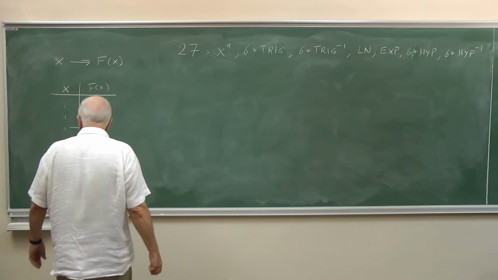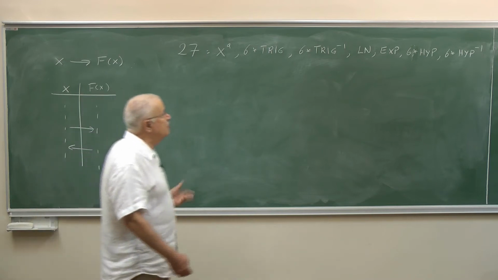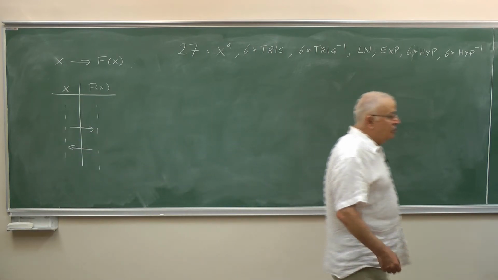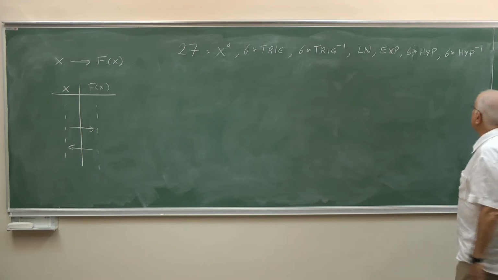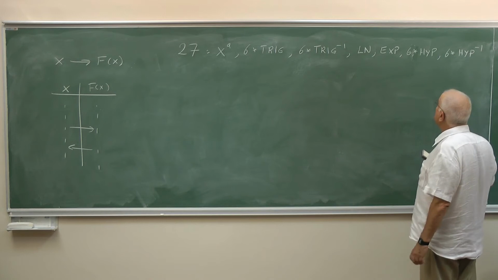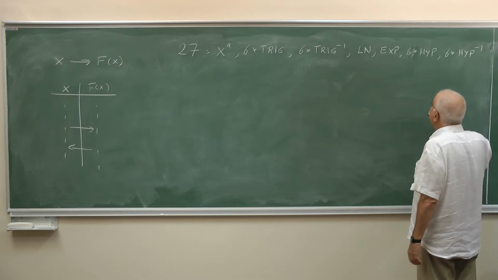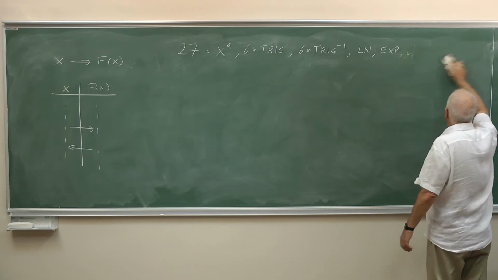So we can sort of eliminate the inverse functions. But before that, let us remember hyperbolic functions are nothing but the exponential function. Cosh is e to the x plus e to the minus x divided by 2, kind of. And inverse hyperbolic functions are related to the logarithm. So these are redundant.